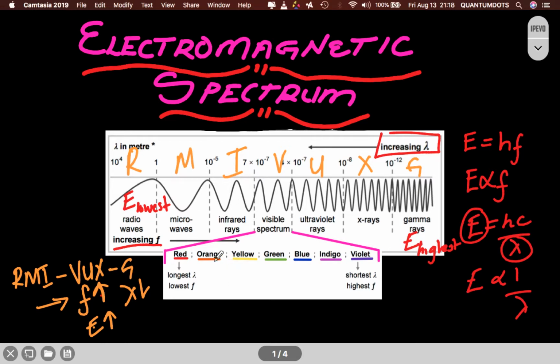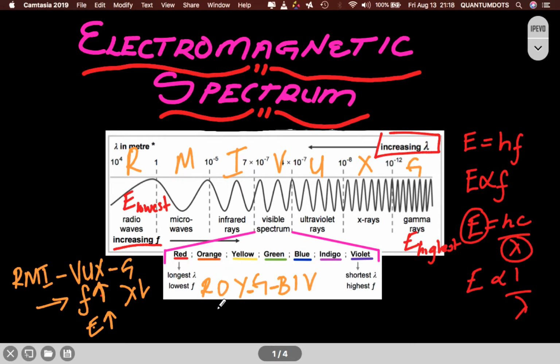And now let's move on to the visible part of the spectrum. We can also do the same thing that we did with this, and here this will be R, O, Y, G, and then B, I, V. So you can separate this like this. This will be Roy G Biv for red, orange, and so on.